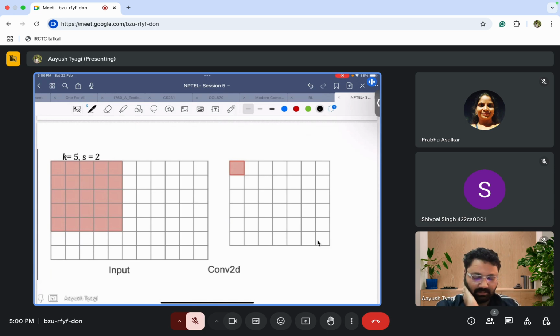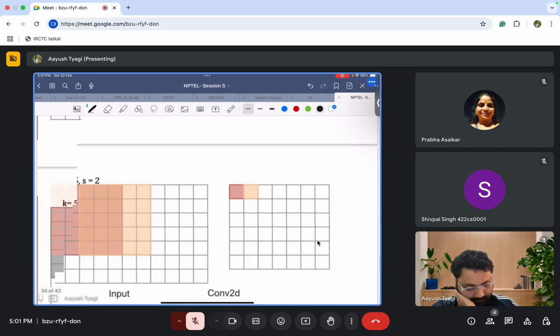What will happen is, just think that you have an input image, and you have a kernel of size 5. So there are 5 such blocks which it overlaps, and you have a stride of 2, and this maps to this block, right?